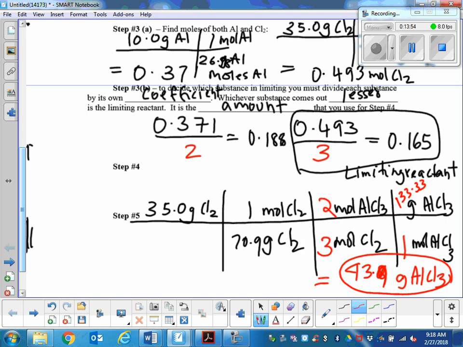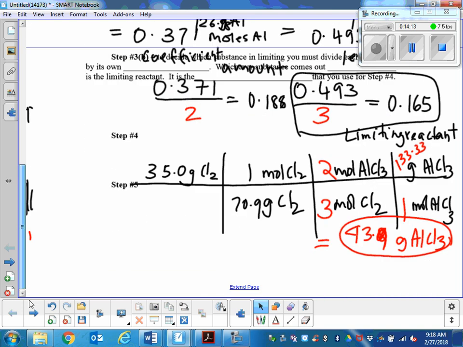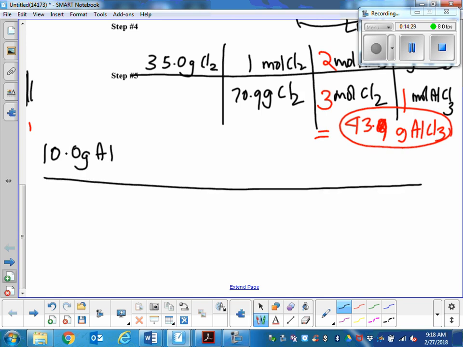So one of the ways you find the limiting reactant is to find the number of moles and divide by the coefficient. Another way to do this problem: you know how you're given 35 grams of chlorine and 10 grams of aluminum? You can do one more calculation. You can start with 35 grams and also start with 10 grams of aluminum and do the calculation.